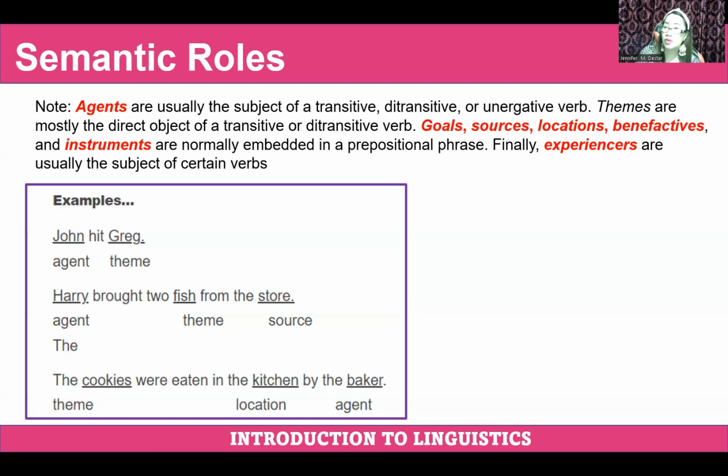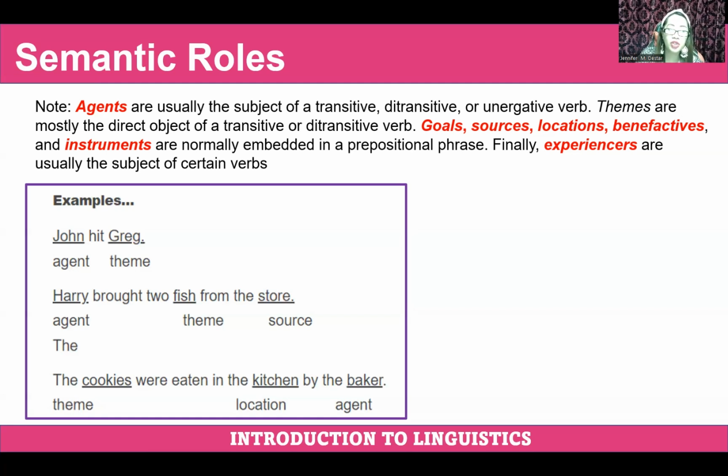So, hindi sumasagot sa tanong na ano, but rather, sumasagot sa tanong na paano ito ipe-perform, di ba? So, it answers the question how instead of what. So, yun, medyo balikan ninyo yung inyong terminologies on the different kinds of verbs.